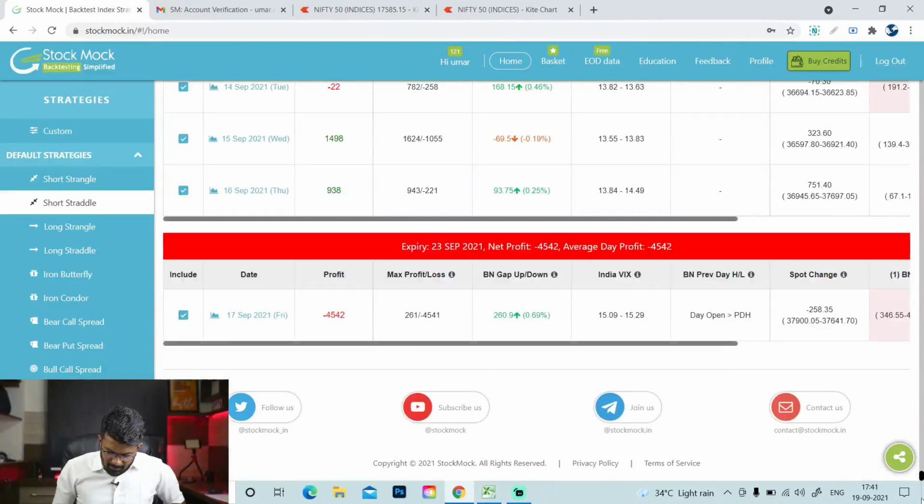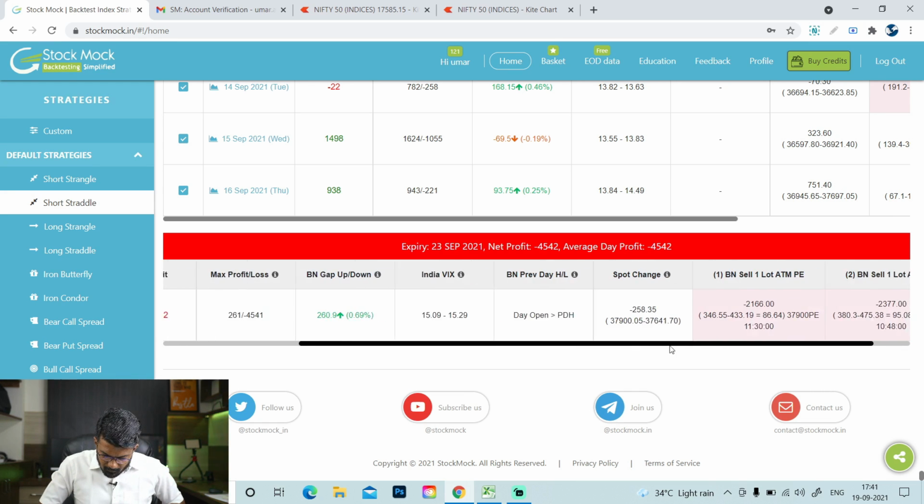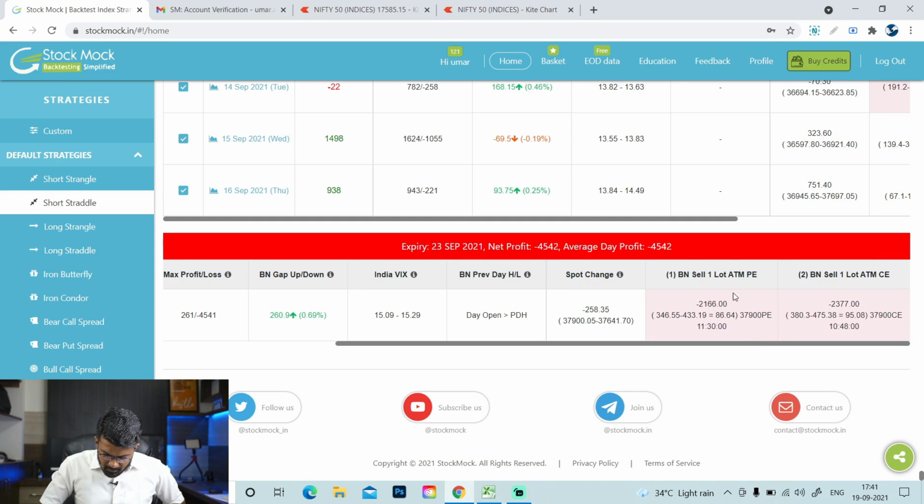Let us see the latest here. If you see here, I am doing a 17th September 2021 strategy. Let us see what this has done. Both the at the money call option and the at the money put option were in a loss, stop loss was hit.